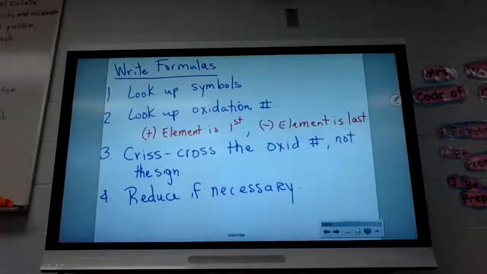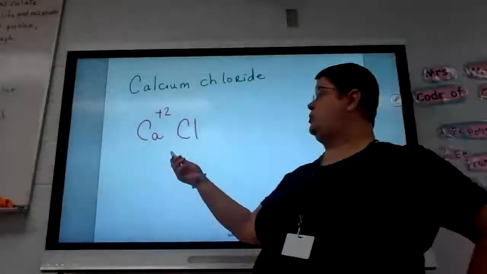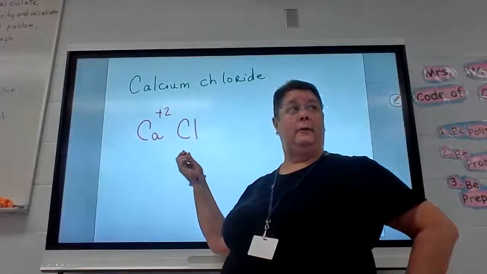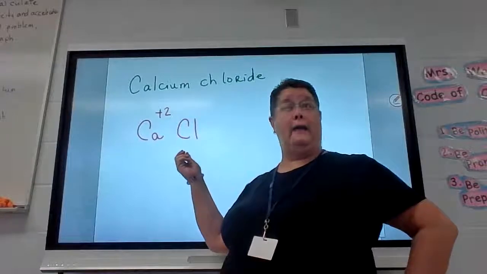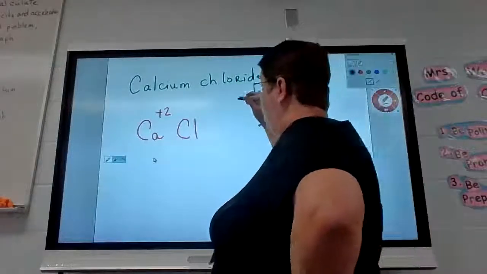Positive elements are first. Negative elements are last. So which one are we gonna pick? The negative one. You already picked calcium was +2, so chlorine has to be negative. This is why I showed you that rule.